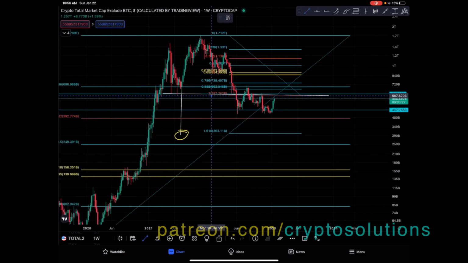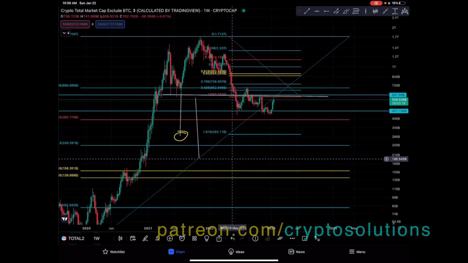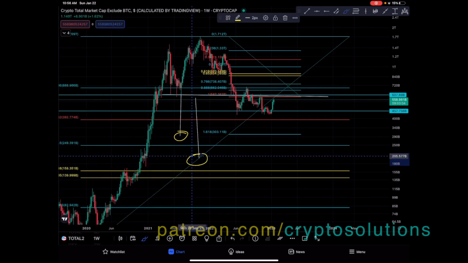This would be the very exaggerated one, but hey, this is how it works. From here to here, that would be all the way down to here, around $200 billion. That would be around, let's see, $198.23 billion right there for the altcoin market in summary there.